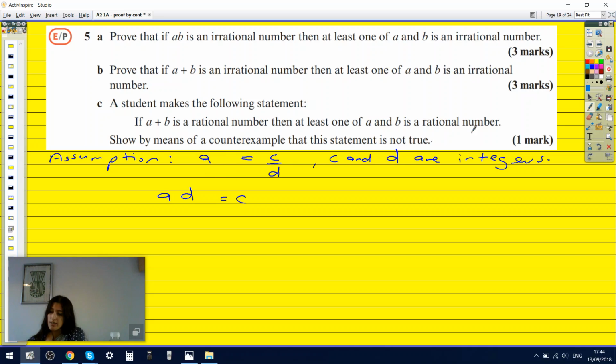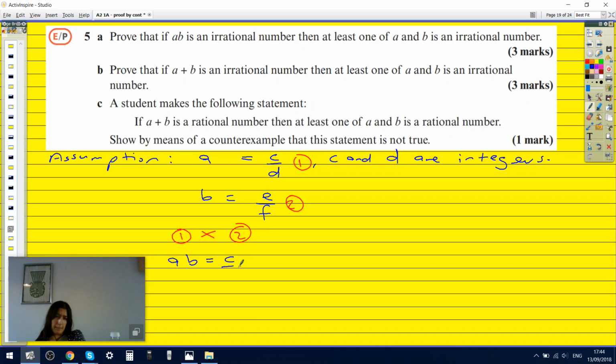So you get D, so it'd be C, and they cross multiplied. Whoa, that's a bit of work for 3 marks. A equals C over D. B equals E over F. And then they multiply the two things together? They made them have the same denominator. So I think they did like statement 1 and statement 2, like simultaneous equations.